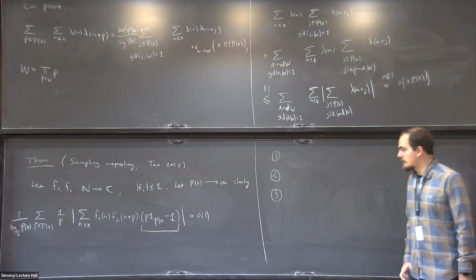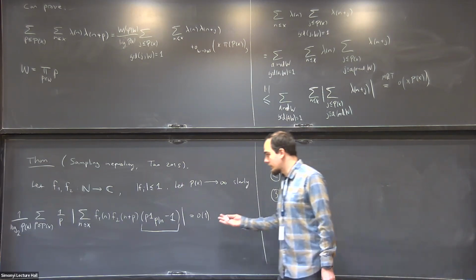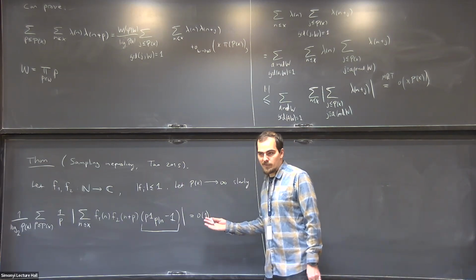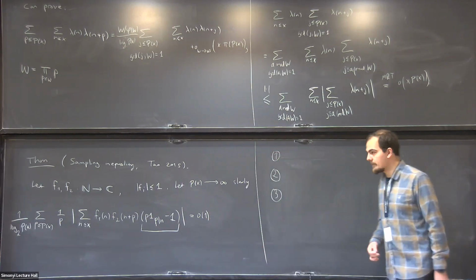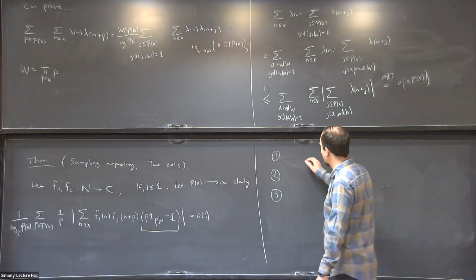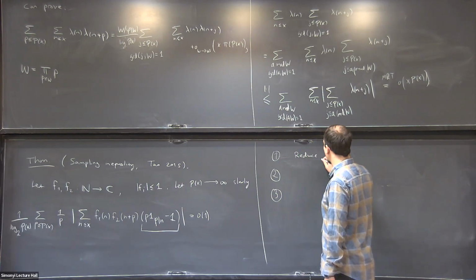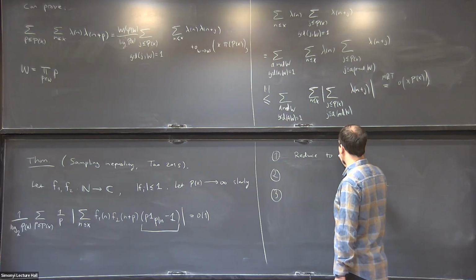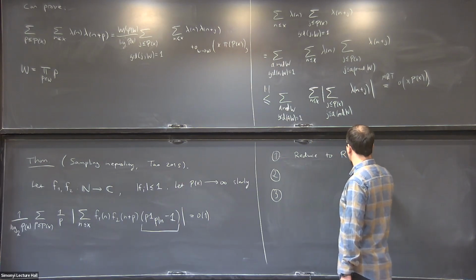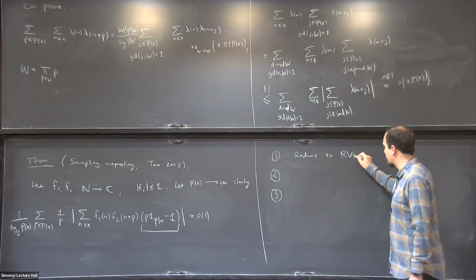So the first one is to interpret this as a problem involving random variables. Okay, so we want to reduce this to RV, so random variables.